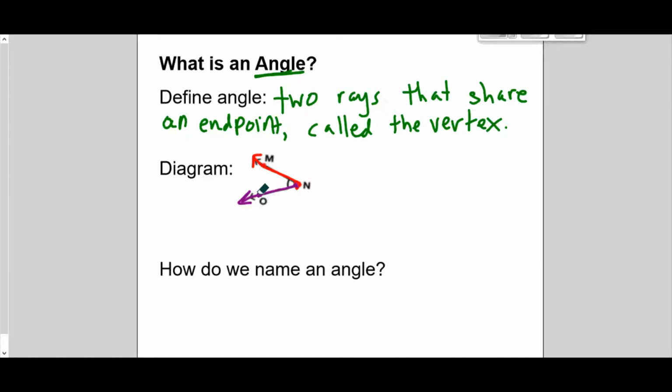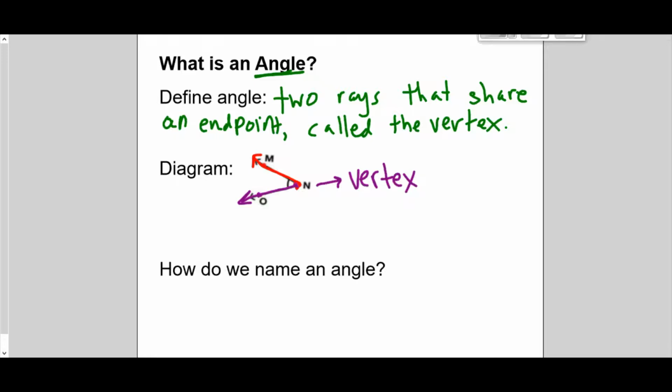Those two rays share the letter N. They share that endpoint. They both have the endpoint of N. That's where both of those rays start. We call N the vertex. So the vertex is just a fancy name for the endpoint that those two rays share.